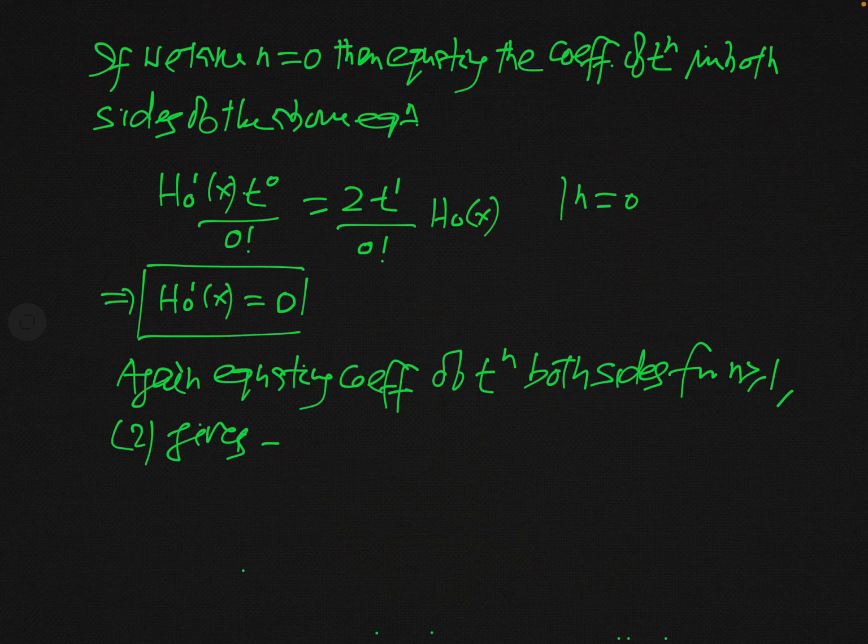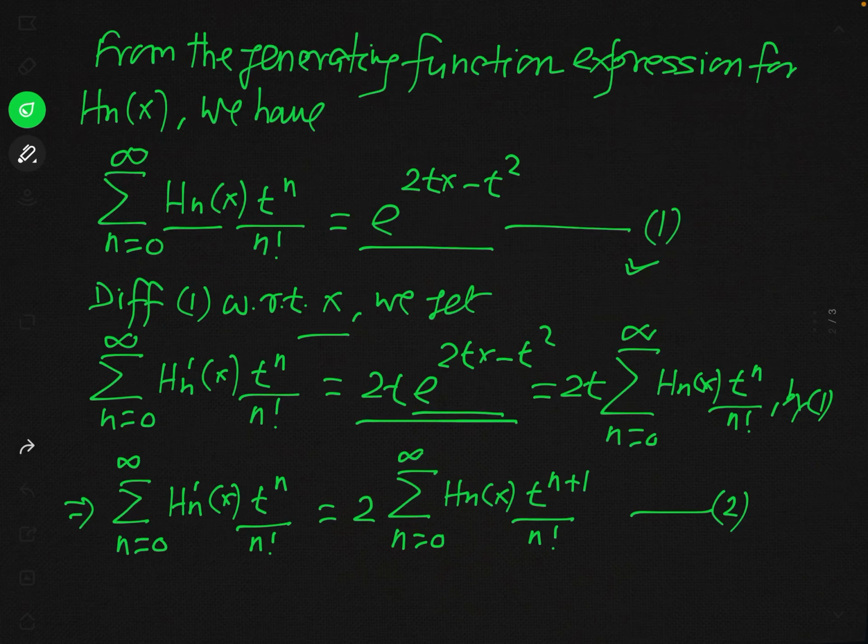You can see this will be simply Hn prime of x over n factorial, and this will be equal to, you can see here that t raised to the power n should be in RHS, but there is t raised to n plus 1.